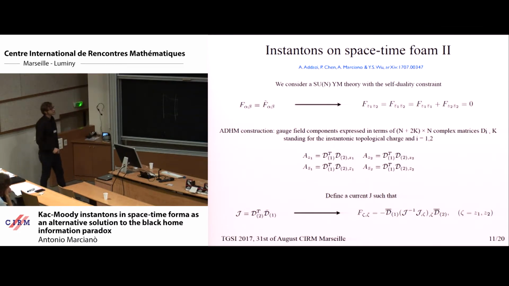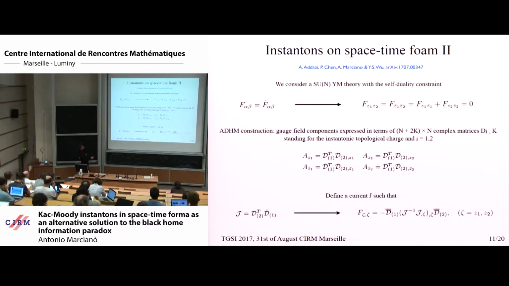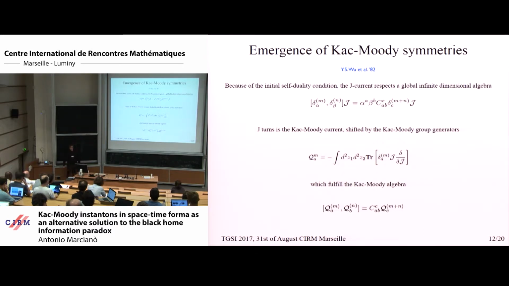So it's interesting to notice first that this matrix here, which I call the current, allows for a shift. It enters the definition of the field strength in these complexified coordinates, which I will come back to later.